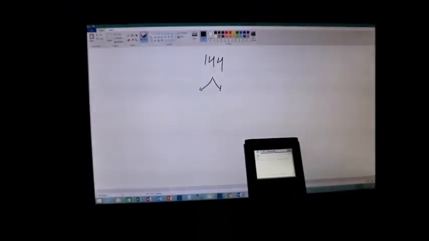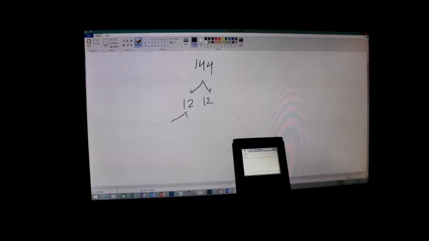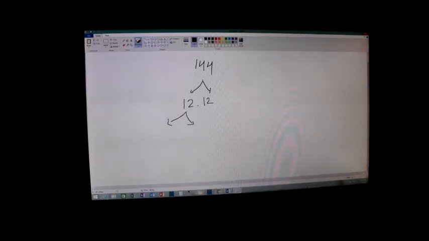So 12 times 12 equals 144. What are two numbers that multiply to equal 12? 6 times 2 equals 12.